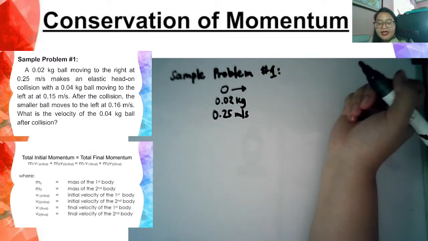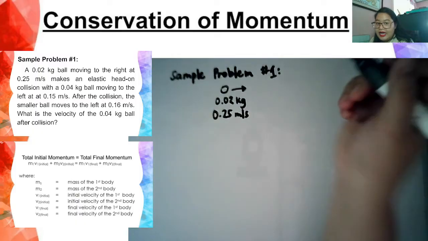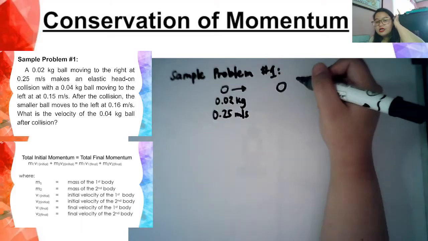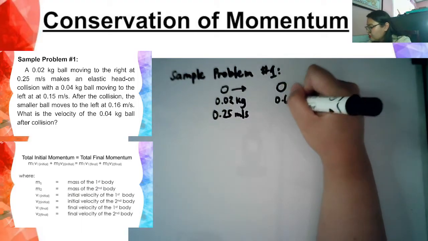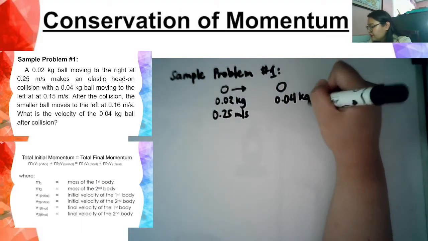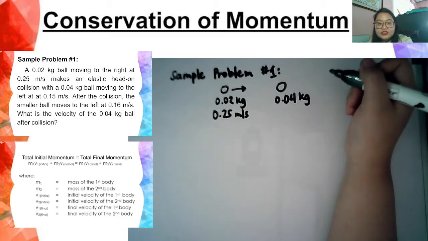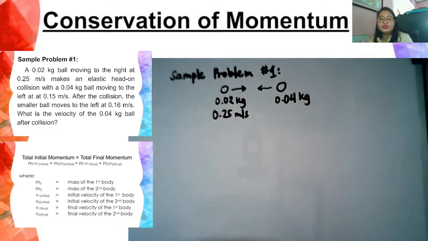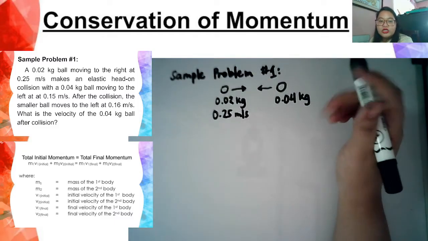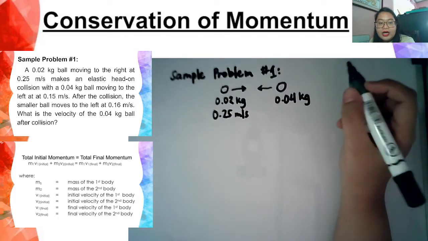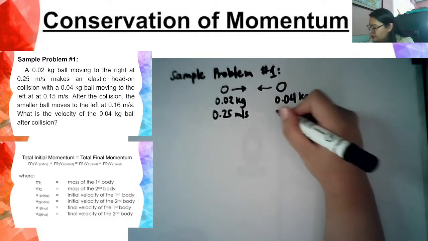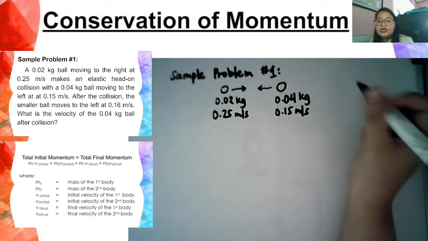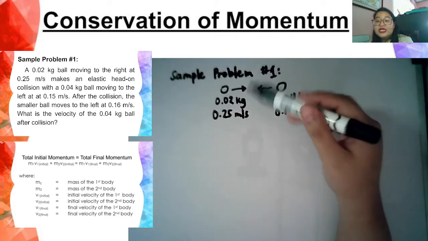And then, may isa pang bola, di ba nagkabanggaan nga silang dalawa. So, yung isa pang bola, ang kanya namang mass ay 0.04 kilogram, and it is moving to the left. Kaya nga sila nagkabanggaan kasi opposite direction. Head-on collision yung naganap. Ang kanyang velocity naman ay 0.15 meter per second. So, ito ay yung initial.